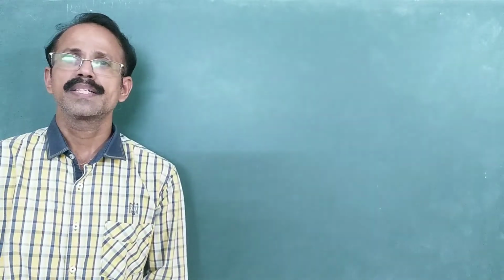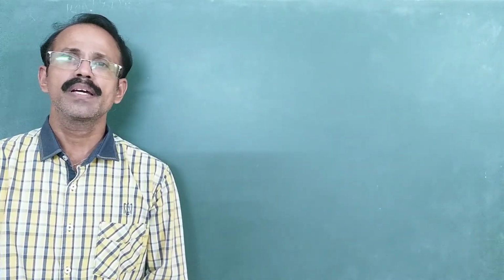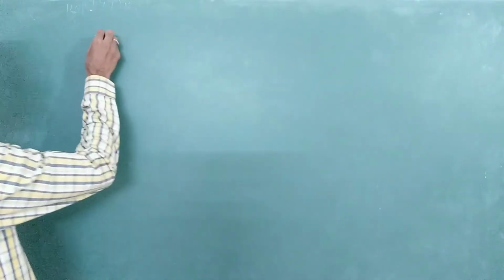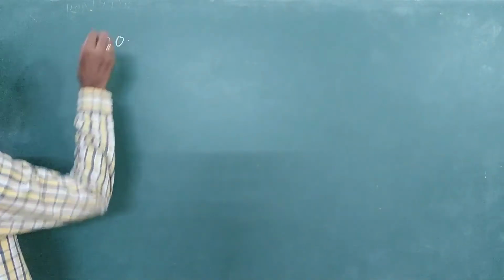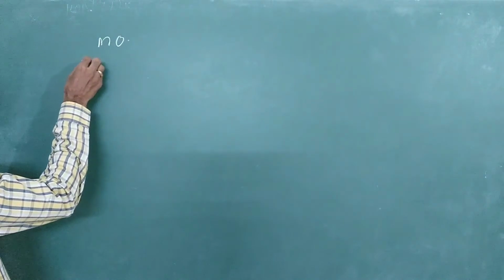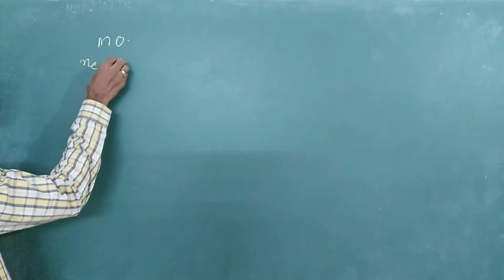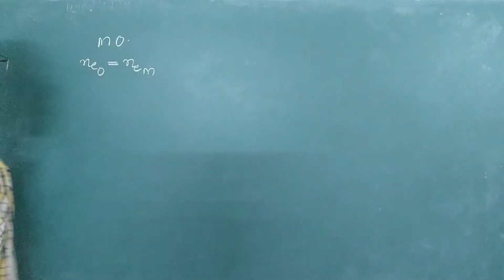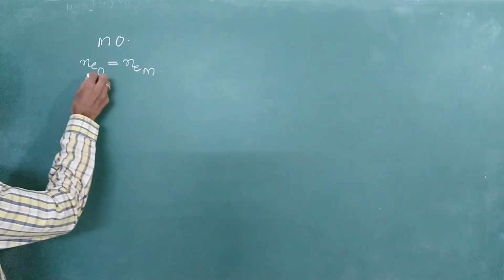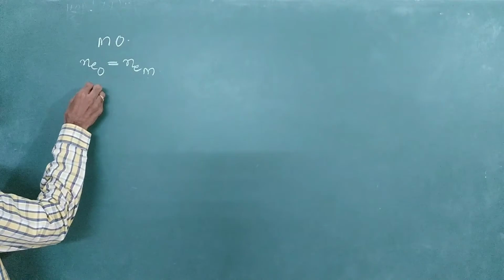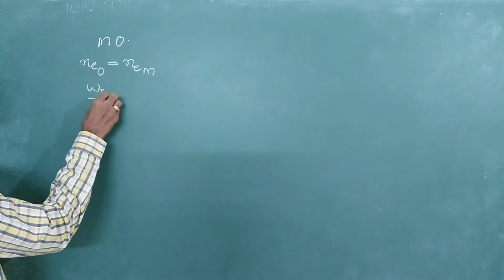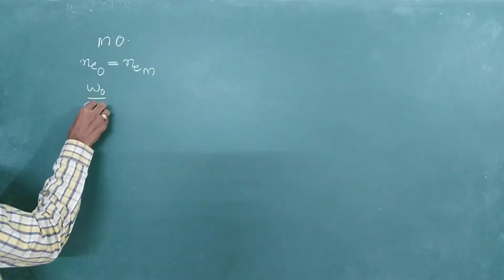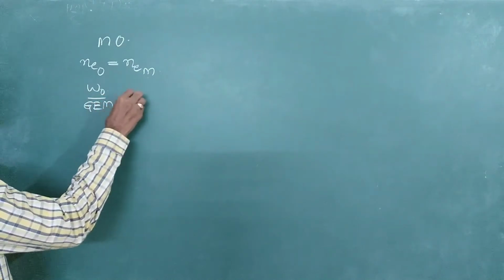Now let us consider a general oxide like MO. As per law of chemical equivalence, number of equivalents of oxygen is equal to number of equivalents of the element. For number of equivalents of oxygen, you can write mass of oxygen by gram equivalent mass of oxygen.